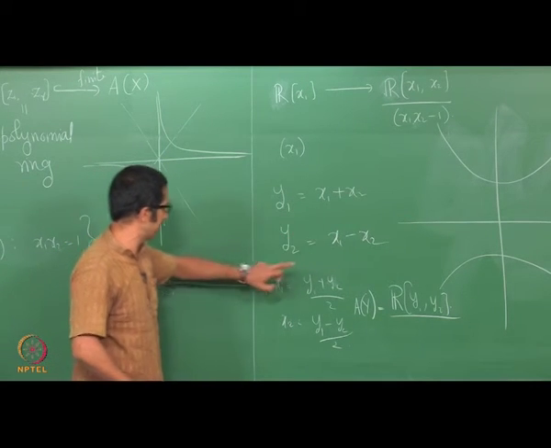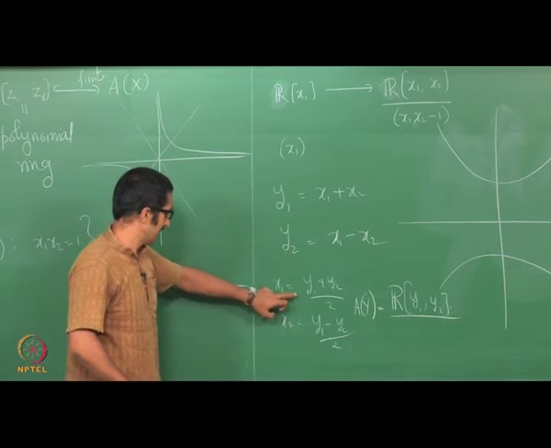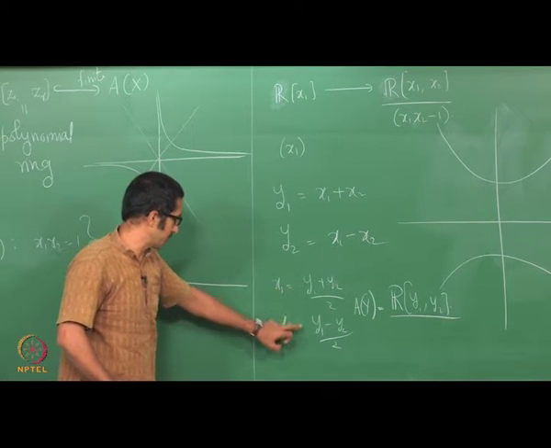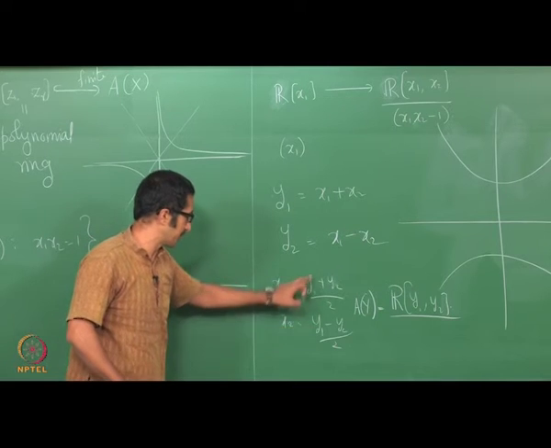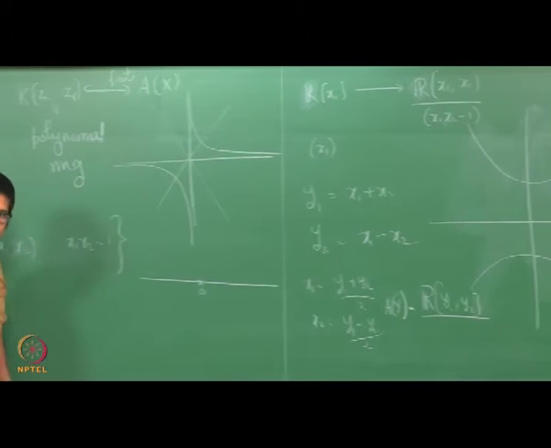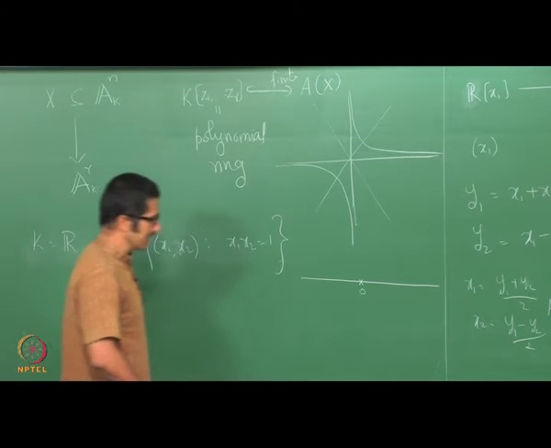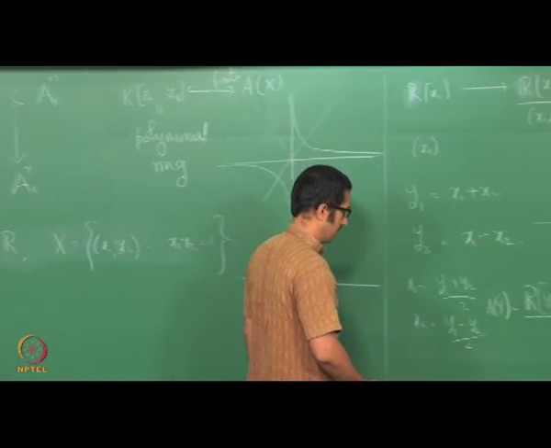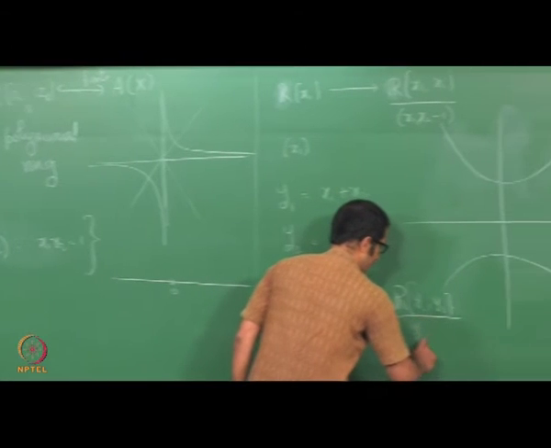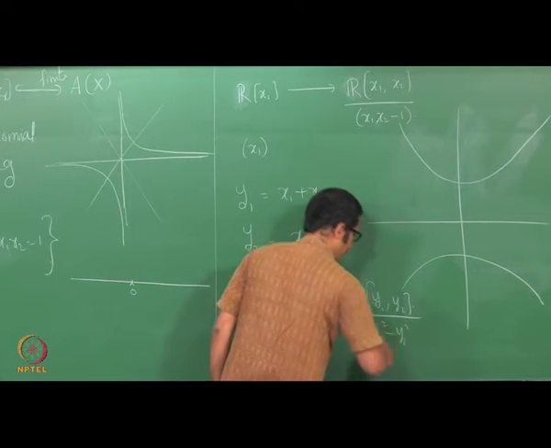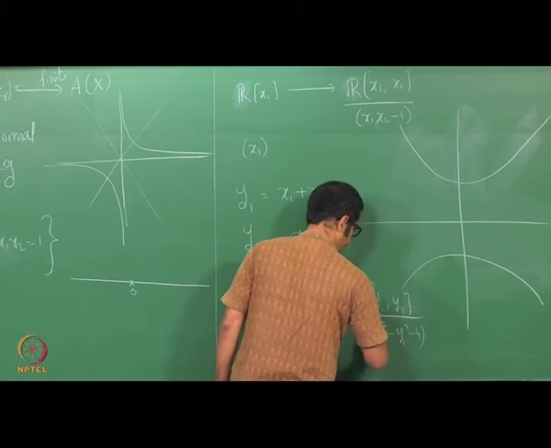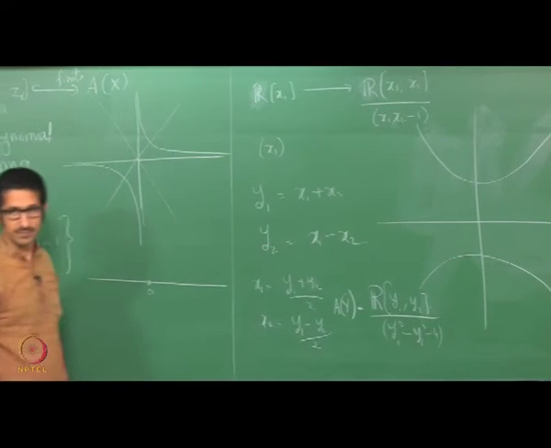So, if I take x1 x2, the product, right, this becomes (y1 square minus y2 square) by 4.